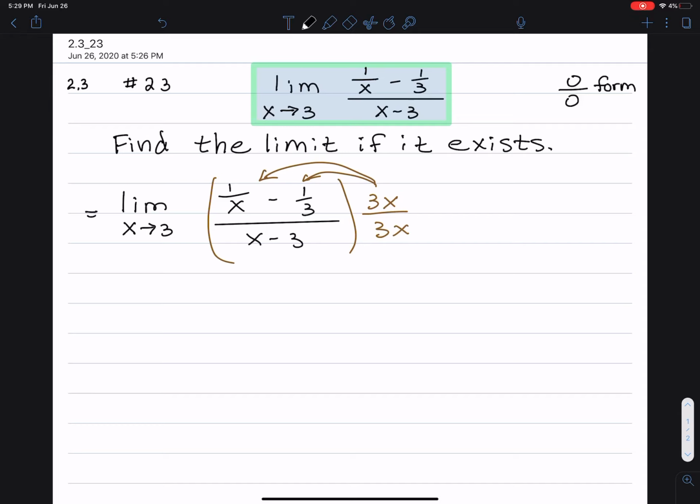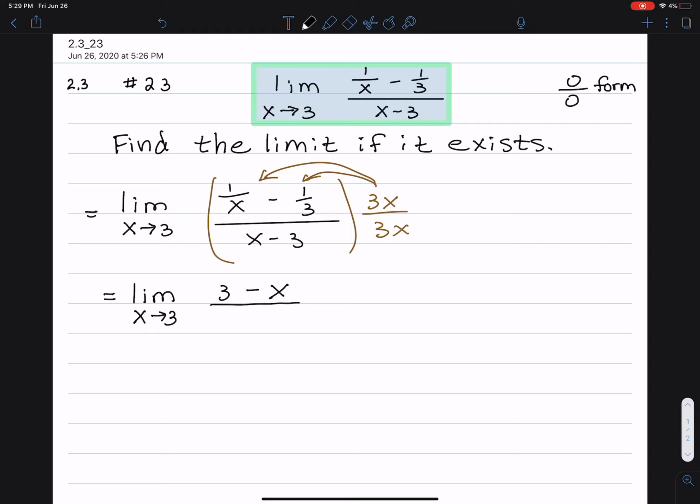So now I will multiply 3x by the numerator and denominator. This is a little trick that has nothing to do with calculus. It's a beginning algebra trick where you have a fraction within a fraction and you multiply through by the common denominator, which is 3x. 3x times 1 over x is 3, and 3x times 1 over 3 is x.